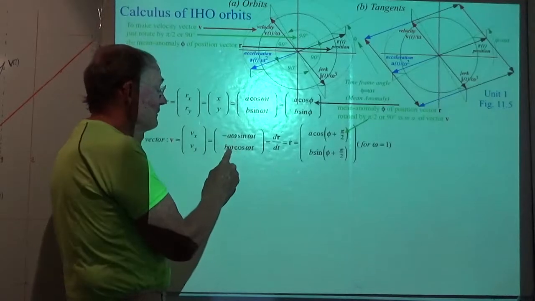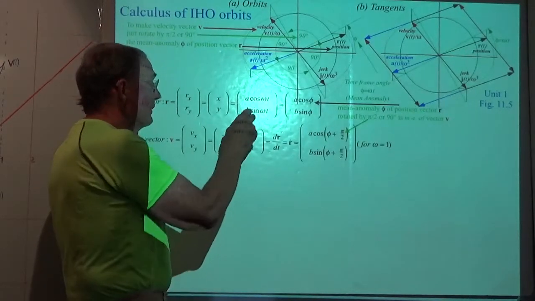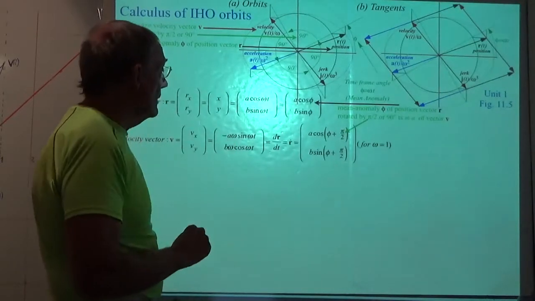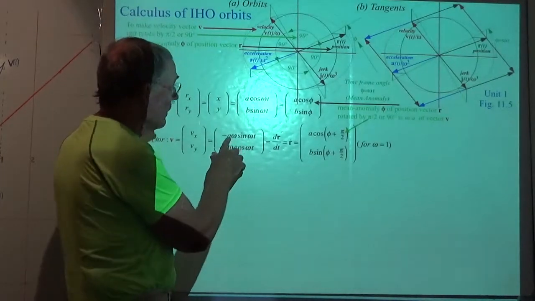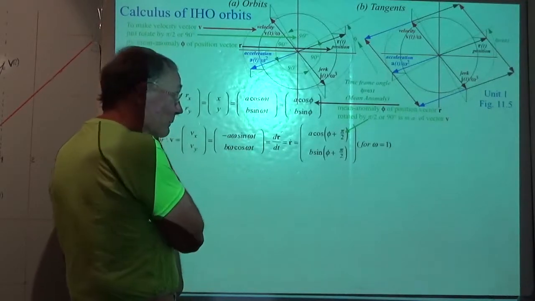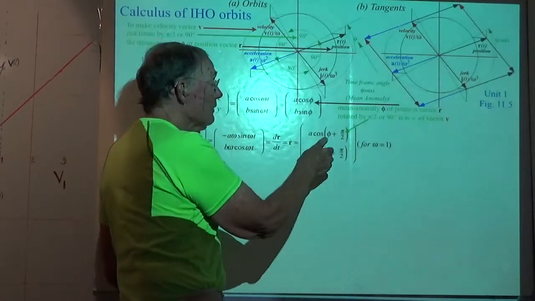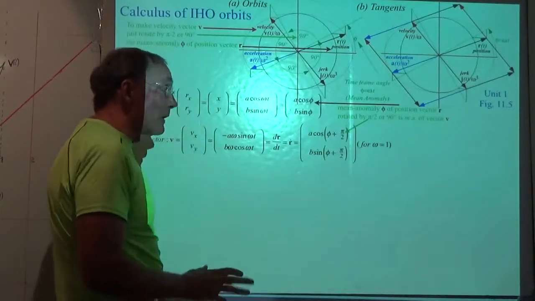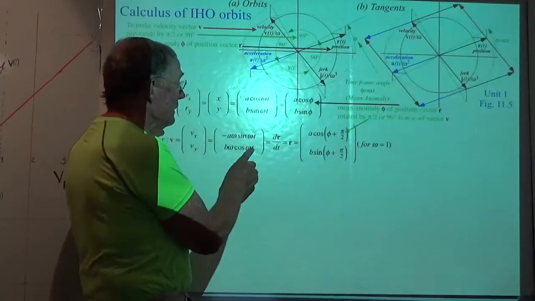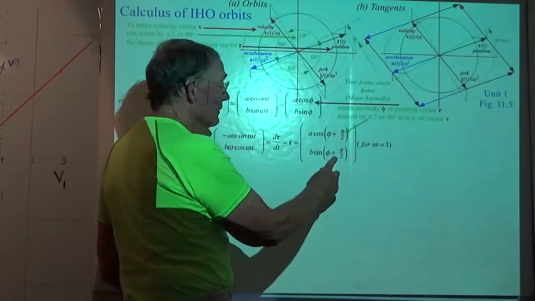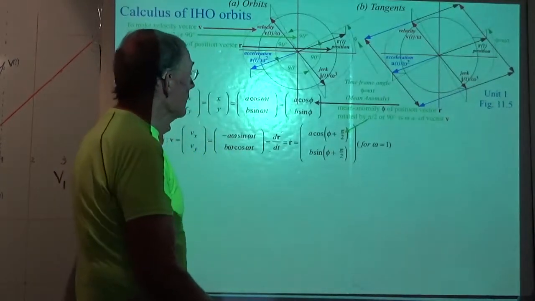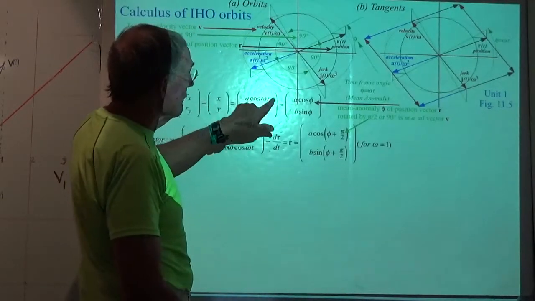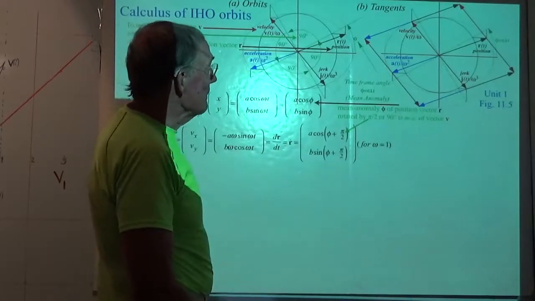Again, both have omega in front of them, and they both have a radius a and b. You notice that this thing right here, this minus a sine omega t, is really a cosine of omega t plus pi over 2. And this one right here is a sine of phi plus pi over 2. So all that's happened is I've taken a vector here and I've run the phase angle up by pi over 2.